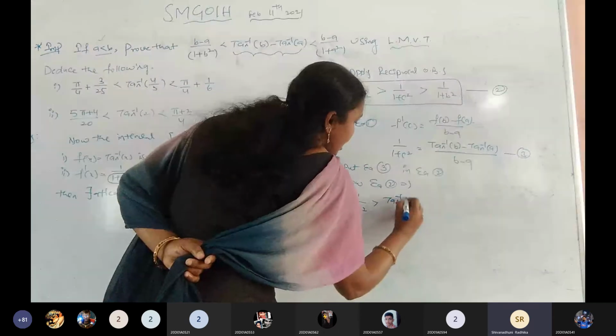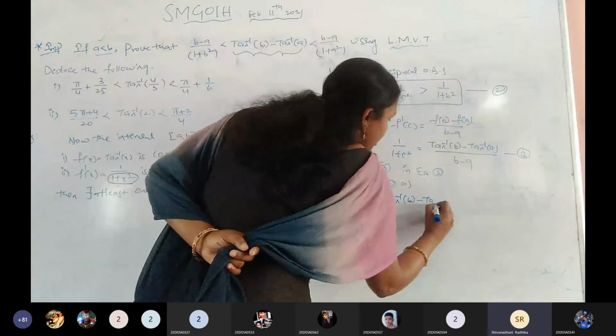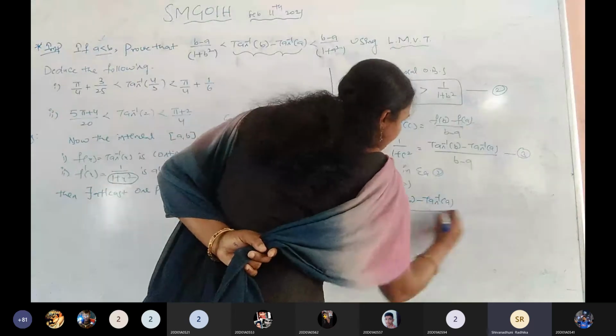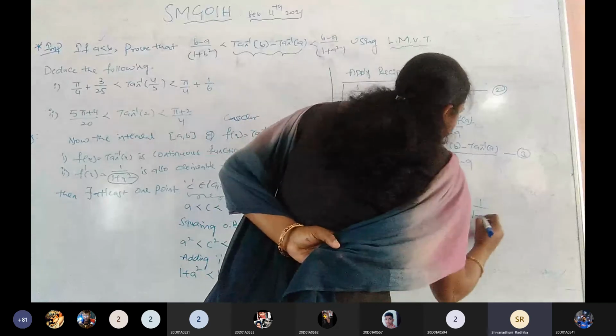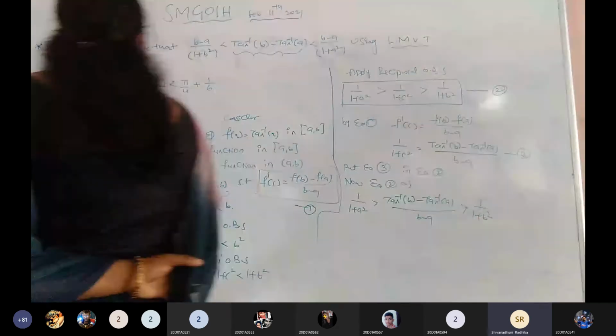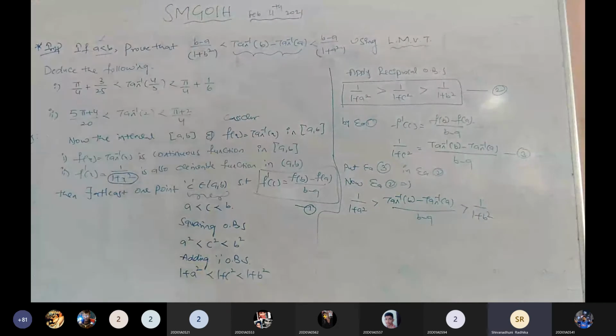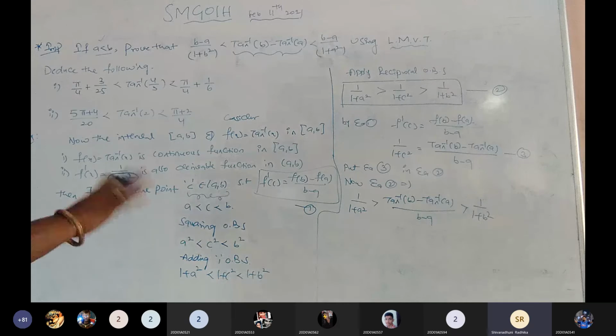So that is tan inverse of b minus tan inverse of a by b minus a, and greater than 1 by 1 plus b square. Just a substitution I am doing in this step.